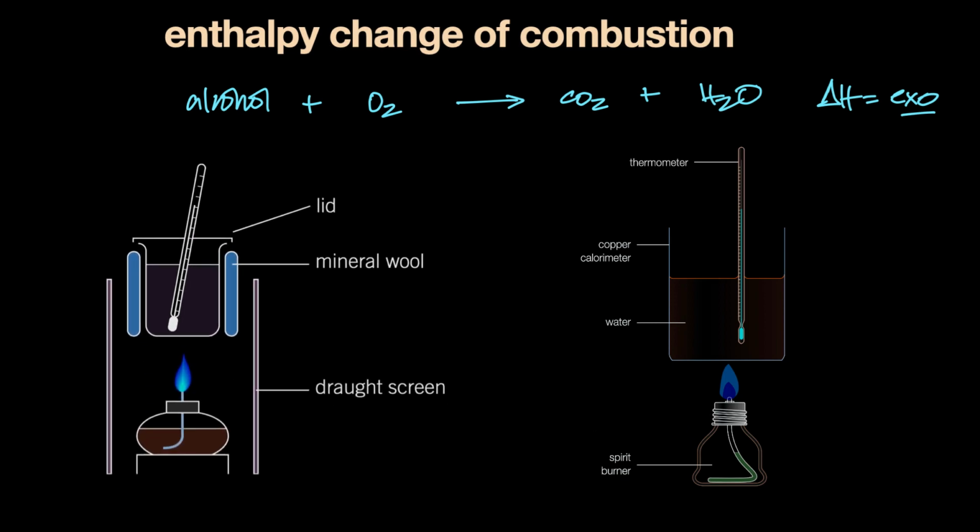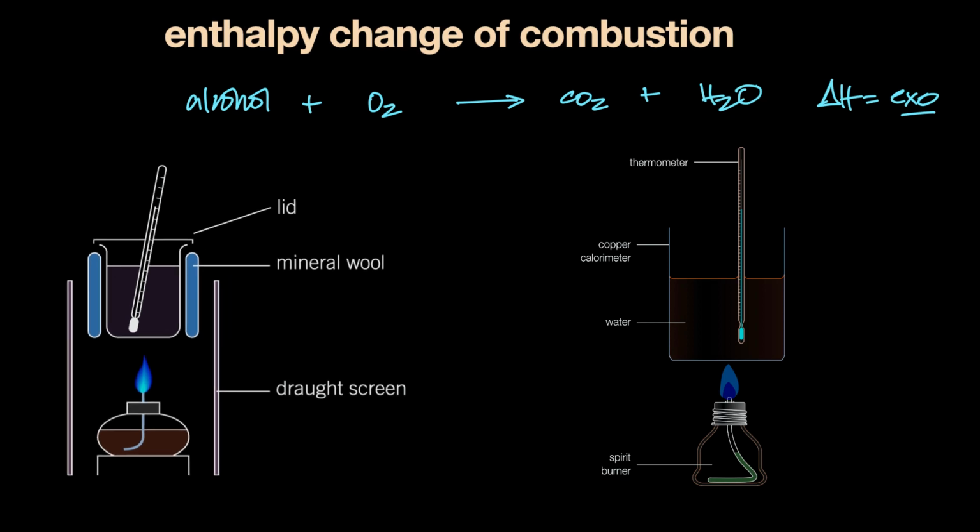This setup that I'm showing you on the right is a better version of the setup. When you're going to be doing second year labs, in theory, paper 5, planning of labs, this stuff will be important to draw. If you want to burn any liquid fuel and find its combustion enthalpy, you will place the beaker as close to it as possible.